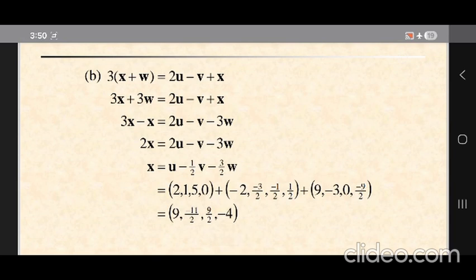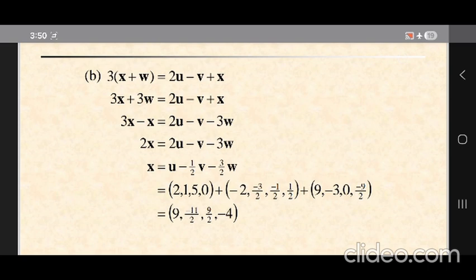Part b: 3x plus w equal to 2u minus v plus x. Multiplying out, 3x plus 3w equal to 2u minus v plus x. Take the x on the right side to the left, the sign changes, minus x. Take the 3w on the left to the right, the sign changes, minus 3w.